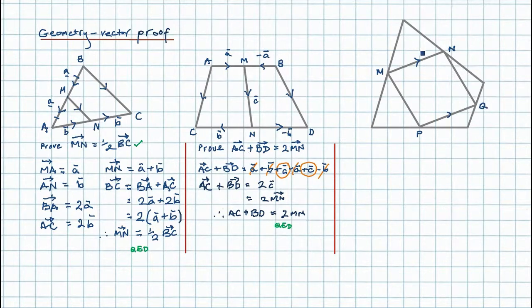Because any vectors that are equal must always be parallel to one another. Okay? So, all I've got to do to prove this one is prove that MN, M to N, is equal to PQ.